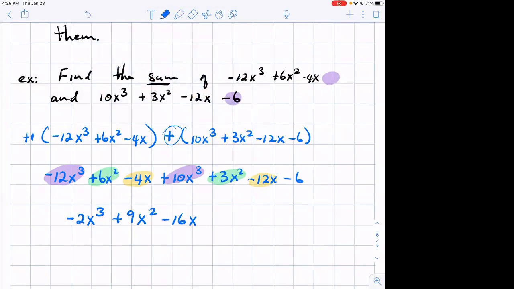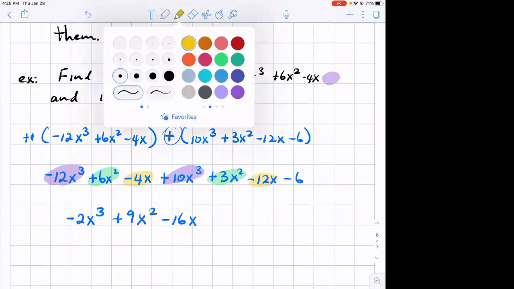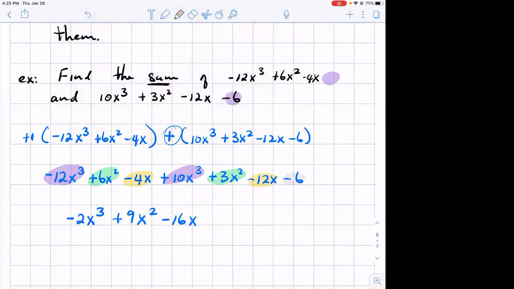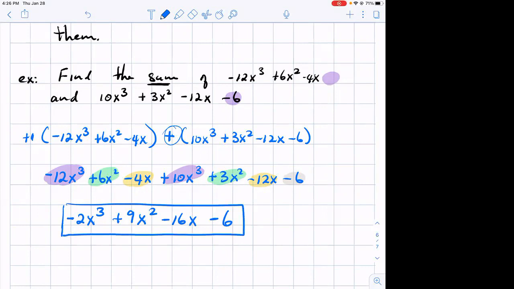Now be careful. Notice that you still have here this minus 6. And there's no other like terms with it, but you can't leave it out. You have to bring it down. So this would be the sum of those two polynomials. That would be your sum.